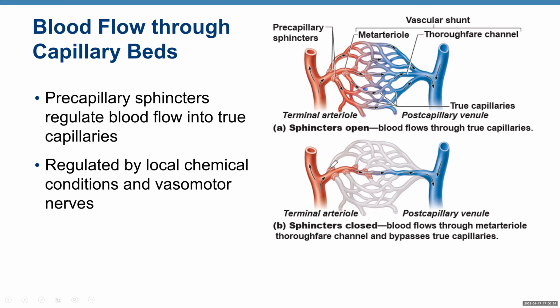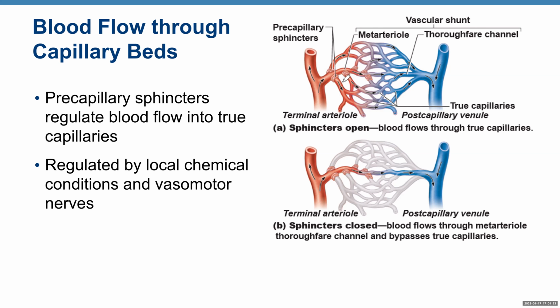But when the sphincters contract, you don't have blood flow through the capillaries, and you have this direct path through the metarterioles. So precapillary sphincters regulate blood flow into true capillaries. The contraction of these precapillary sphincters is regulated by local chemicals and vasomotor nerves.